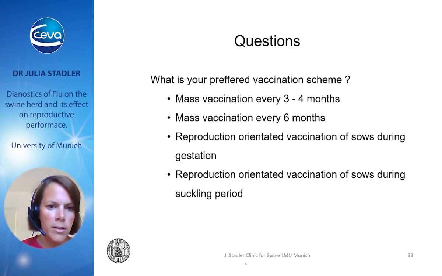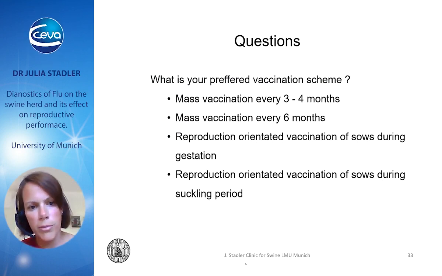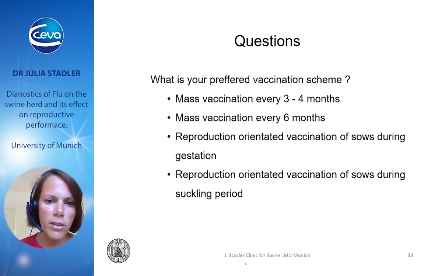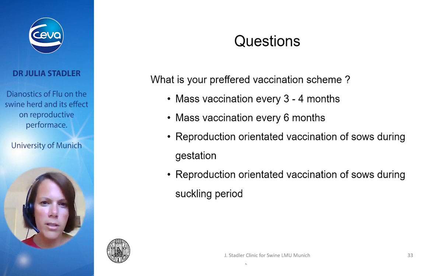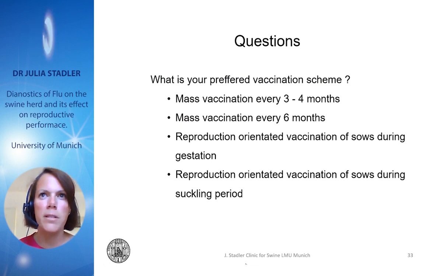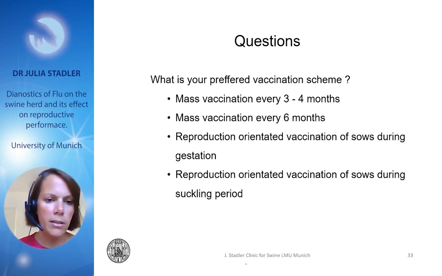And in my opinion, it's also not advisable to perform a reproduction-orientated vaccination during gestation or during the suckling period, because there you have a high risk of creating gaps in immunity, particularly when sows are returning to estrus and the farmer forgets to revaccinate them.